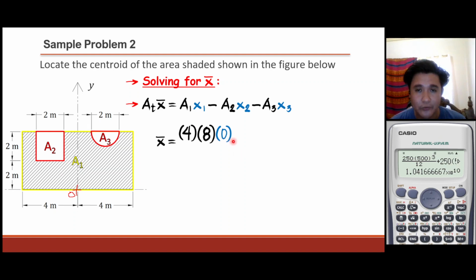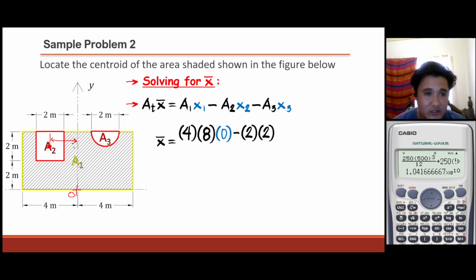Okay? So negative yung A2 naman tayo. So A2 natin ay 2 by 2. Tapos yung centroid niya ay meron siyang centroid dito. Hahanapin natin yung x distance ng kanyang centroid. So, the x distance of the centroid from the reference axis is equal to itong distance na ito. Okay?